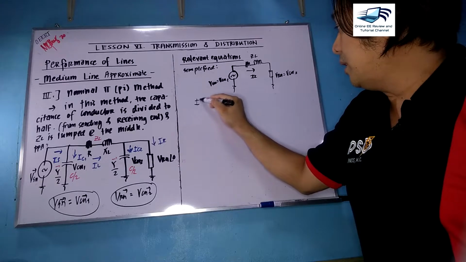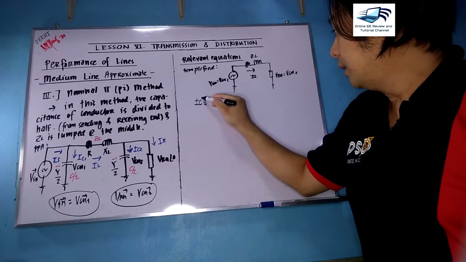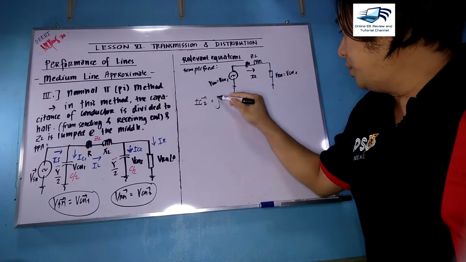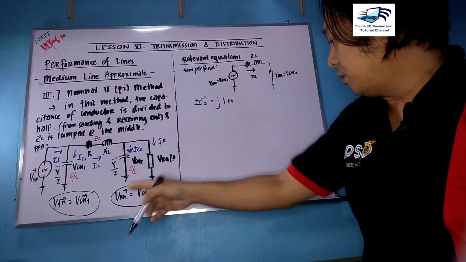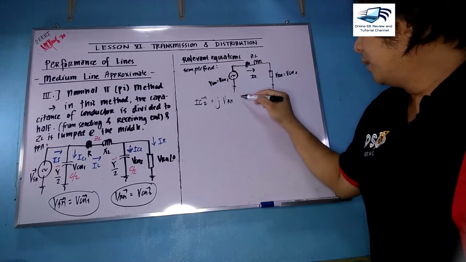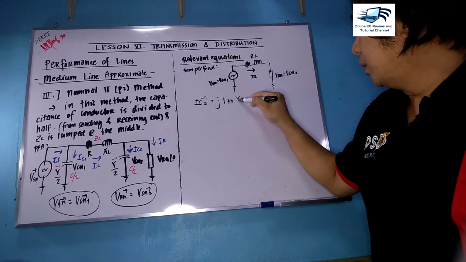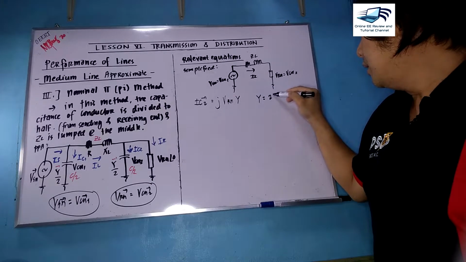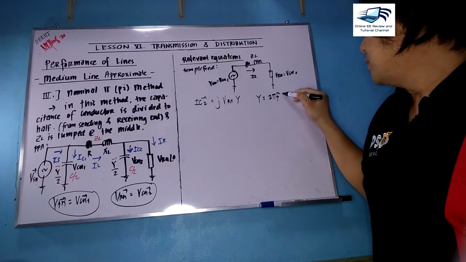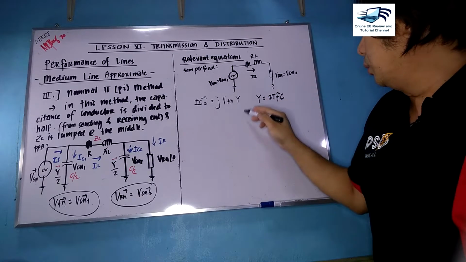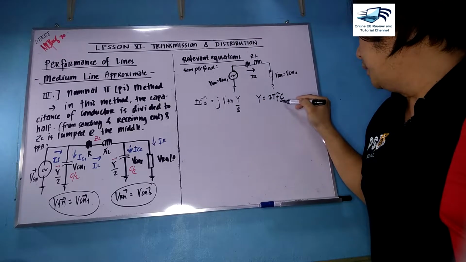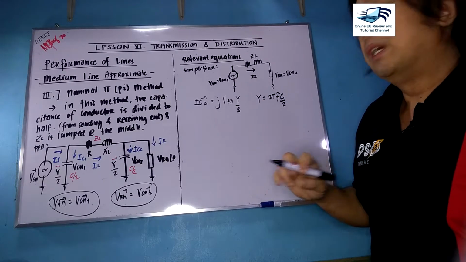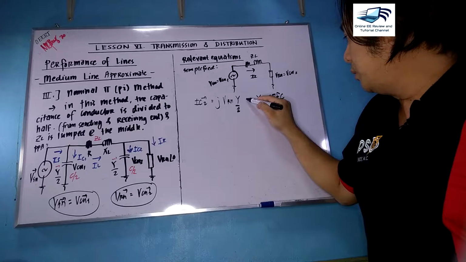Your IC2 can be computed by having jVCN, or VRN in this case, because VRN is equal to VCN2, multiplied by Y, wherein your Y is 2 pi FC. Please take note, if you divide the Y by 2, you need to divide the capacitance by 2 as well. This is the first equation here.